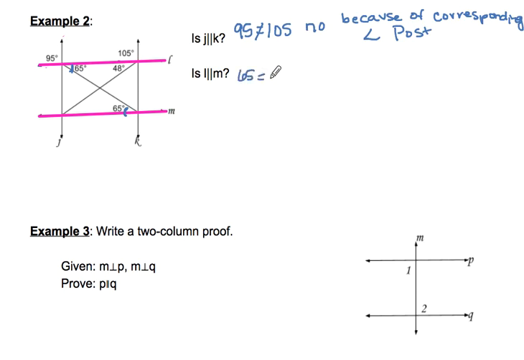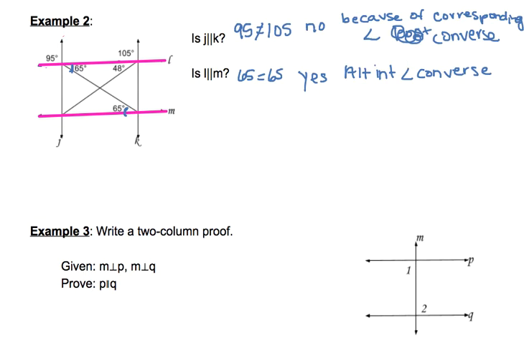So 65 is equal to 65, and that is going to be yes, because of the alternate interior angle converse. So whenever I said postulate up here, I should have said converse. So remember, it's always the converse if you're trying to prove that lines are parallel. So since these two alternate interior angles are congruent, that means that the lines are parallel.